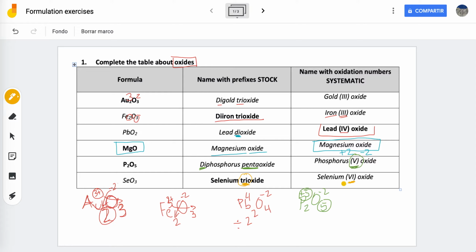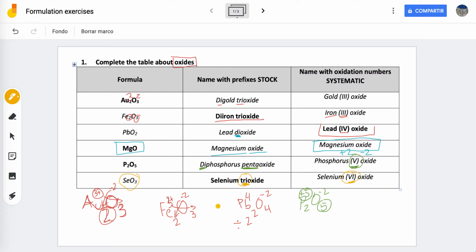But we're going to guess which number we are going to put here according to the formulas given in the stock. We can obtain it, we can have this at the very beginning, selenium oxide, and then we have to guess the two names, or like in this case, we can get the stock name and then find out the formula or the systematic name.